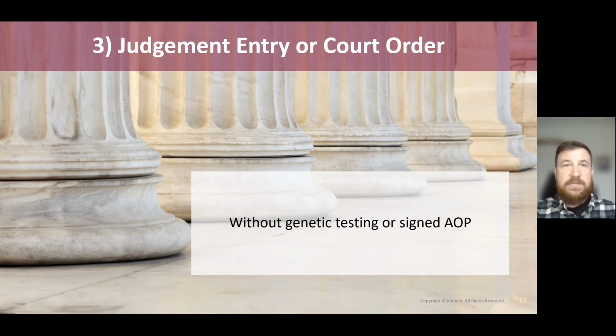The third, we talked about a judgment entry or court order, and I acknowledge that the vast majority of these are done when a divorce becomes final in the court in Ohio. It is extremely rare, but judges can order someone to be the father of a child without genetic testing and without the AOP being signed.